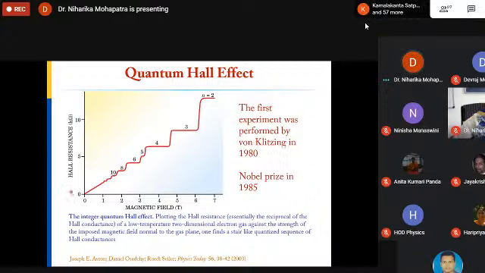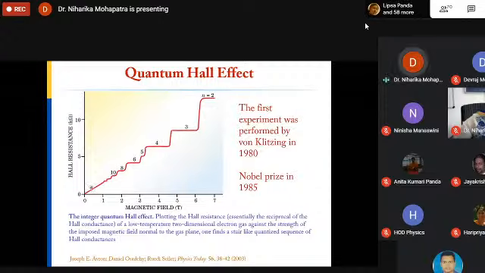The observation is that when the magnetic field is high, if we keep on increasing the magnetic field, instead of a straight line that you normally see in your laboratory experiments, you observe steps in the Hall resistance. The steps are very, very flat.